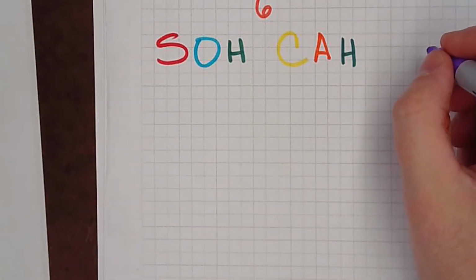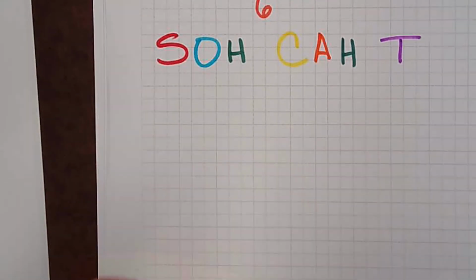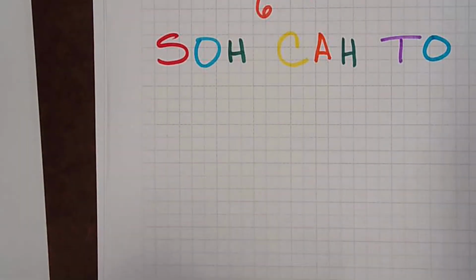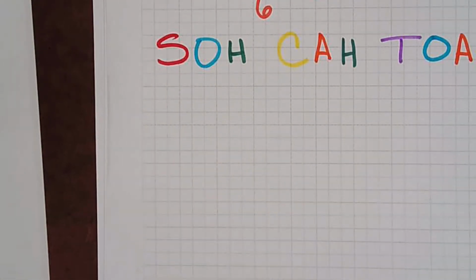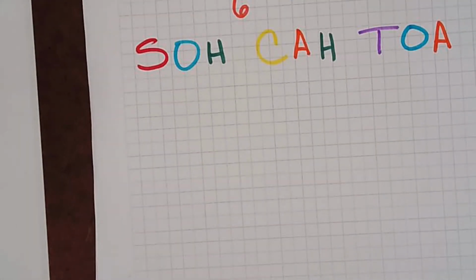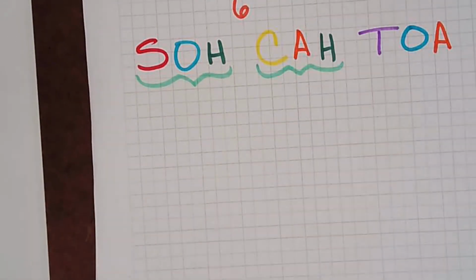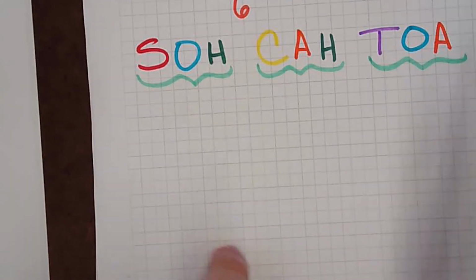T to T. And it is what? Opposite to adjacent. All right, so check it out. We've got SOH, that's sine, CAH, that's cosine, and TOA, that is tangent.